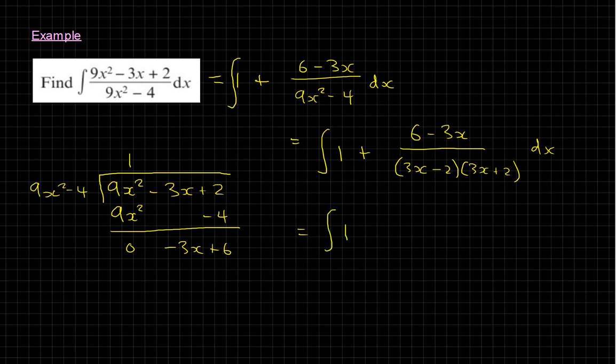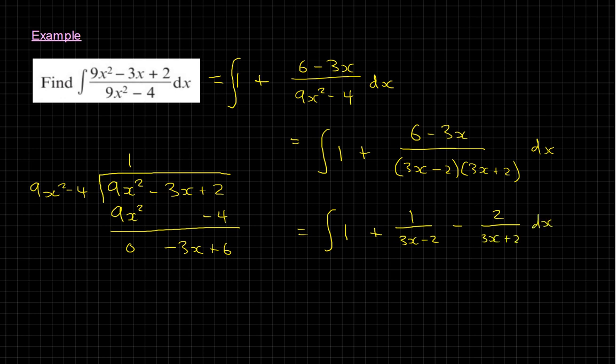I'm not going to go through the working of finding out this partial fraction here. I'm just going to write it out. And it's 1 plus 1 all over 3x minus 2 minus 2 all over 3x plus 2. And we now do our usual integration.